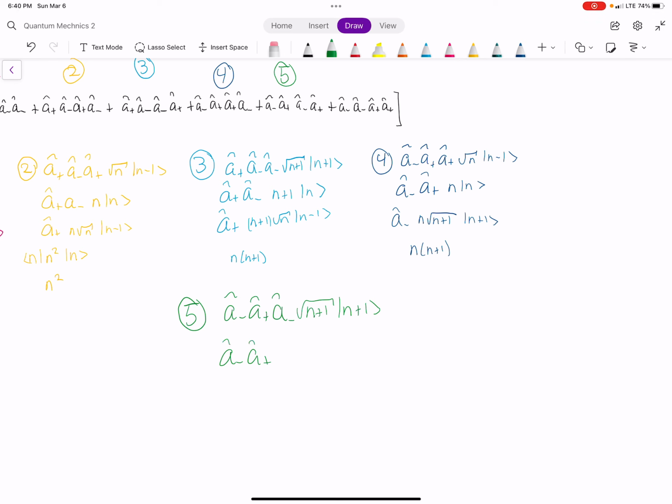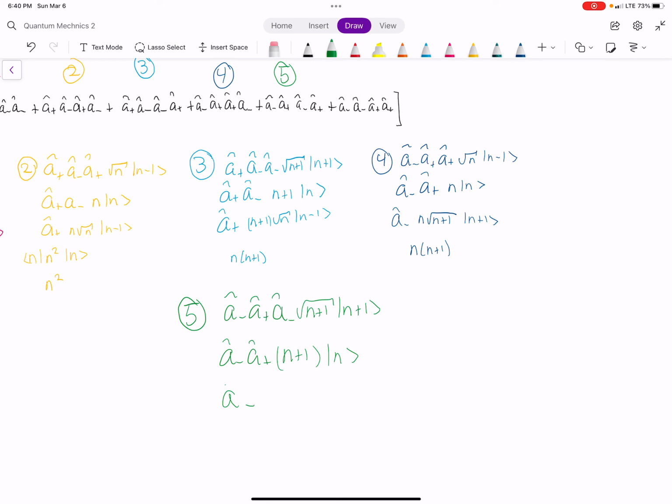You just have to be very careful with these eigenvalues. It's very easy to get them confused, so you kind of just have to work through them, at least I have to work through them like this. Okay, so then we're just going to get n plus 1. And hopefully you can see now you're just getting the state n back every time we go through these operations here.